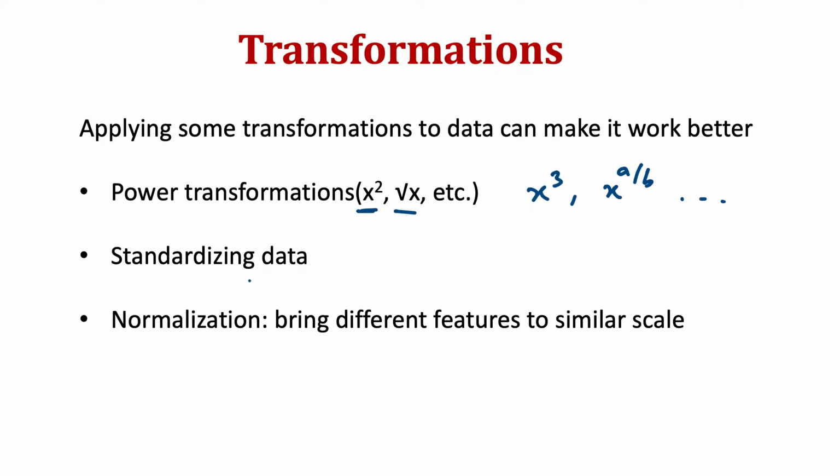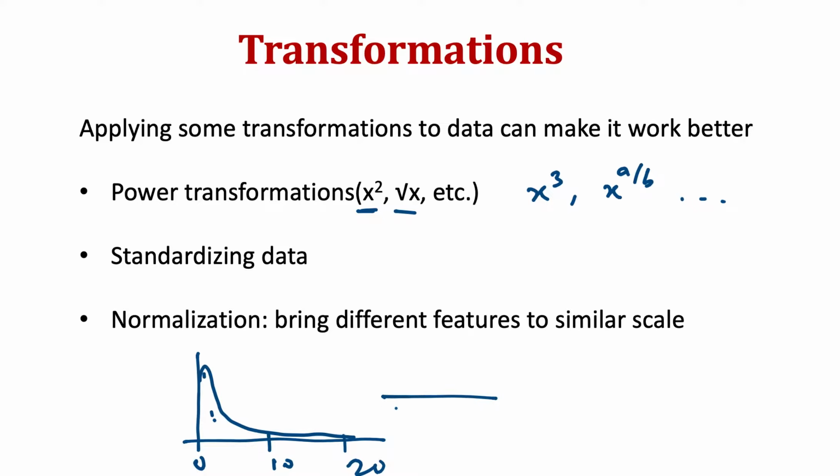Then we can do standardization of our data. For example, we may have some data and on a normal scale we have 0, 10, 20, and we see that the data is too skewed and there is a long tail in it and most of the data is here.